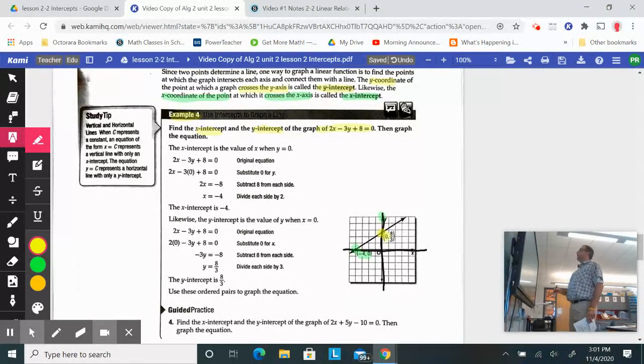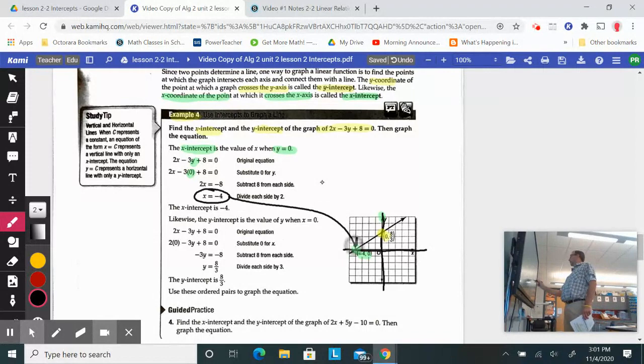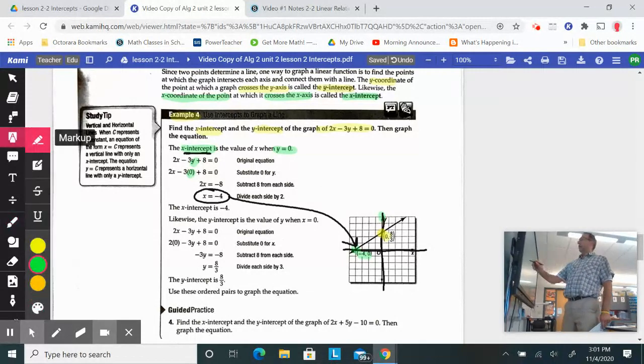So all you got to do is do the x-intercept. That's when y is 0. So where y is, you put in a 0. You solve the equation, and you end up with x equals -4. So -4 is your x-intercept. And then for the y-intercept, that's when x equals 0.